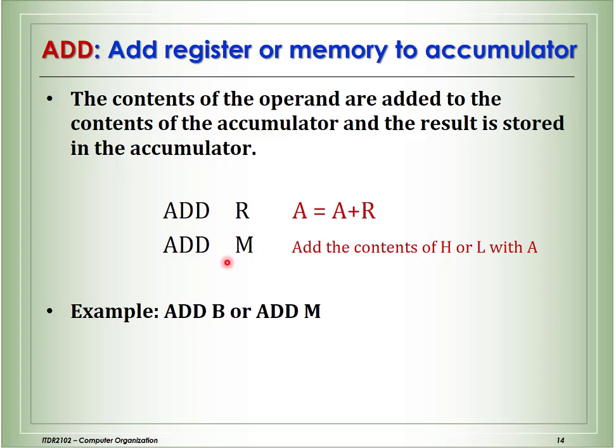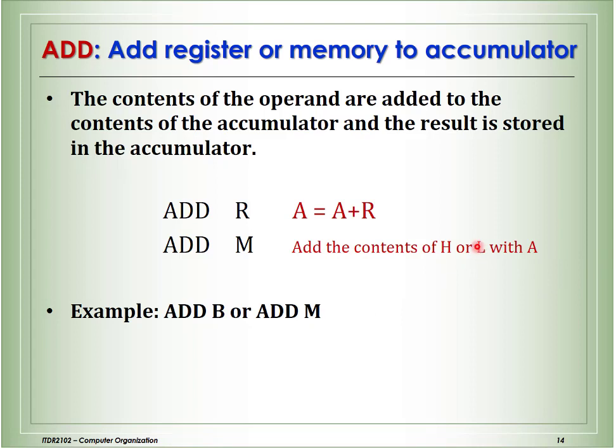So ADD M means add the contents of the memory location, whose address is in H and L, with A. So M means the memory location, and its content can be added to the accumulator.